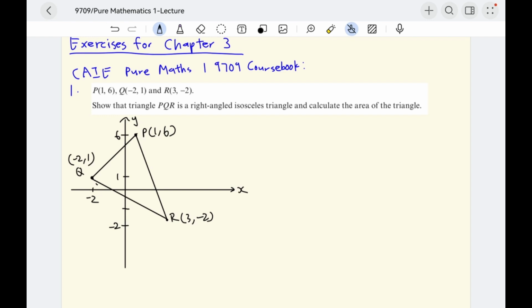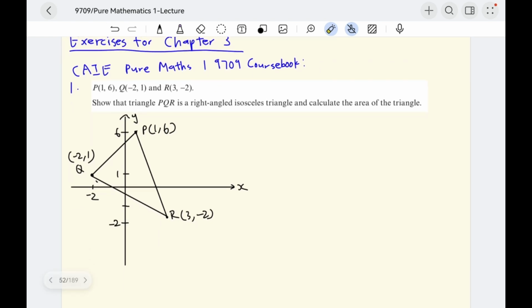To show that PQR is a right-angled isosceles triangle, we have two workings that you need to show. First, it is a right-angled triangle, and it is also isosceles. Ask yourself, what are the properties of an isosceles triangle?